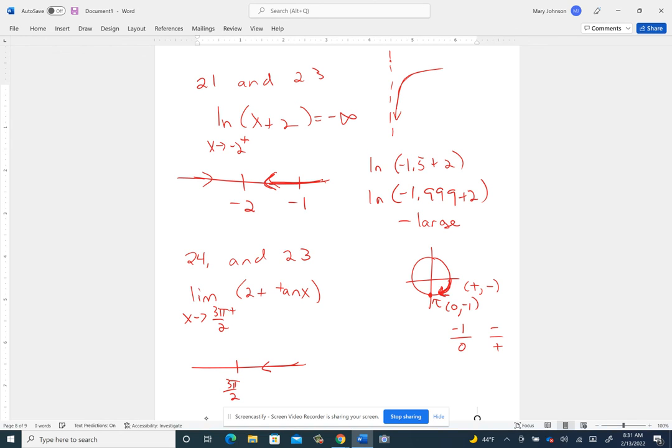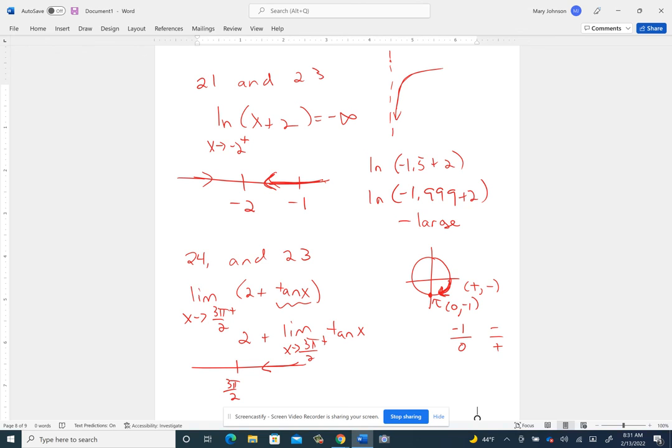Now this 2 right here, you could separate that out and do the limit as x approaches 3 pi over 2 of 2, and you would get 2. But then when you do the limit as x approaches 3 pi over 2 from the right of tangent x, you're going to wind up going towards an infinity of some sort, and you have to decide whether it's a positive or negative infinity.